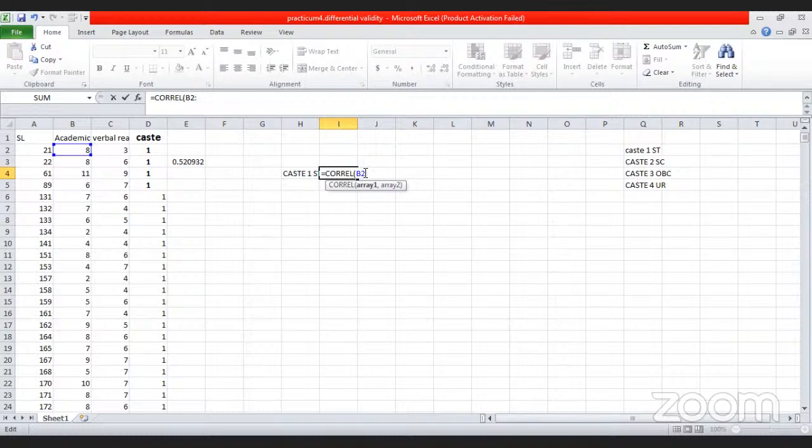This is B2 to B174, that is academic achievement, and then C2 to C174, that is verbal reasoning. Bracket close. So we got it for caste 1, that is 0.51 or 0.52.